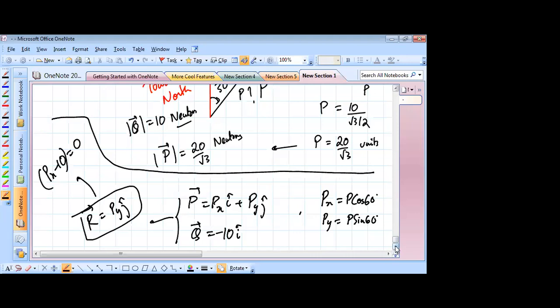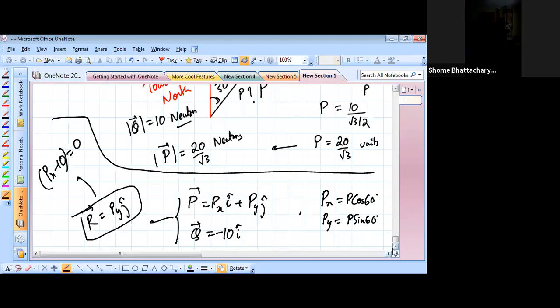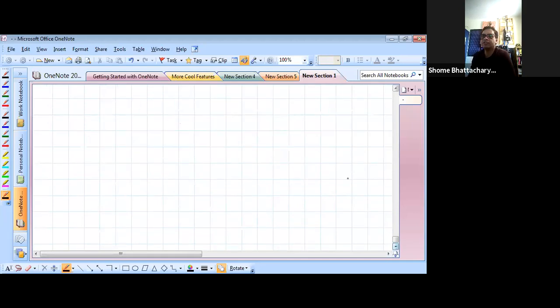Okay, so now good, excellent. So I think all of you understood both the methods. So we can now move on to the next part of vectors for us. Actually, we will be going back to the geometrical method to understand a few more theorems. Okay.